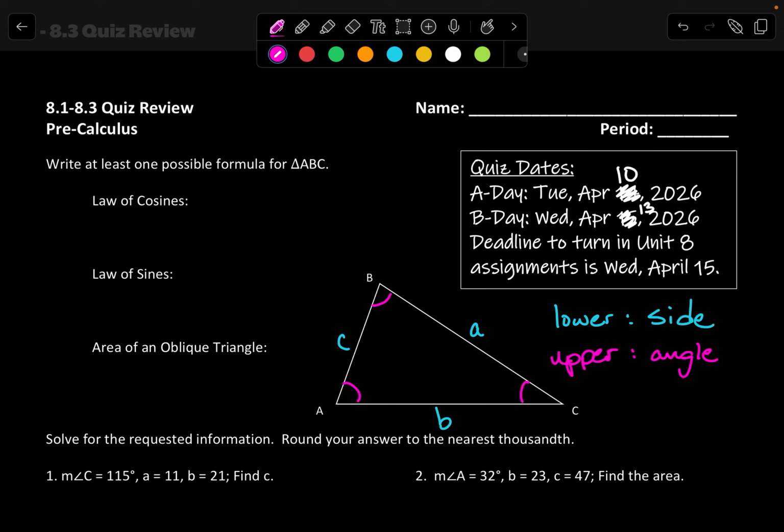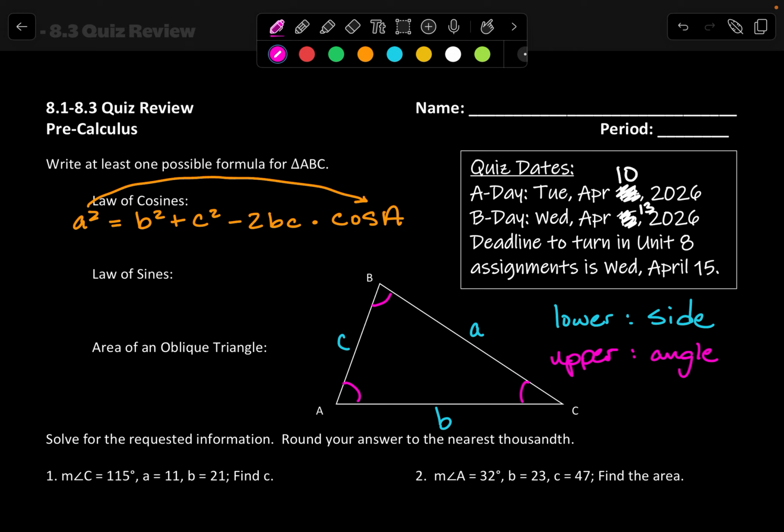So if we were using this particular triangle for law of cosines, we have three possible equations. It says just write one, but I'm just going to write them all out. Remember, the first one is a squared. If you use an a, that means b and c are going to make up the remainder of your equation. And then you're going to multiply by the cosine of the capital letter that matches.